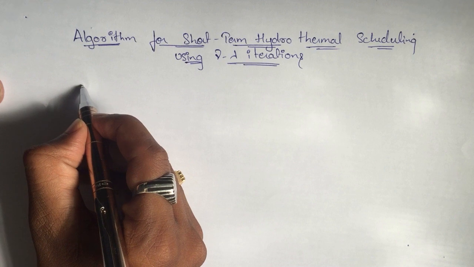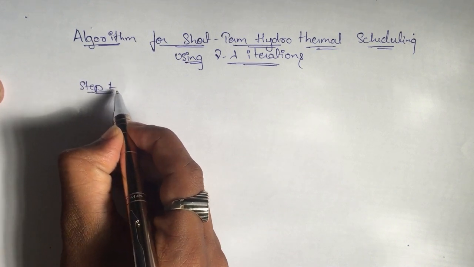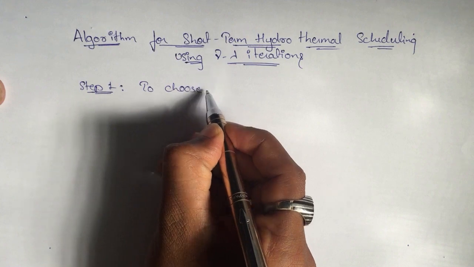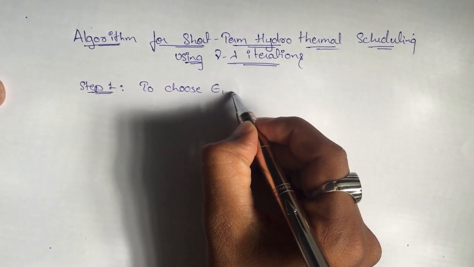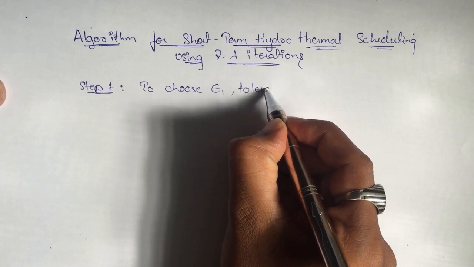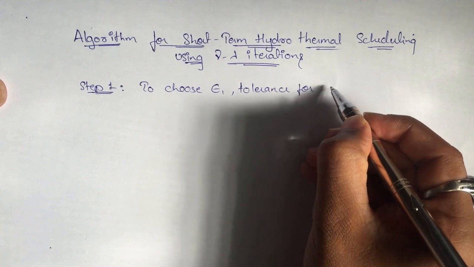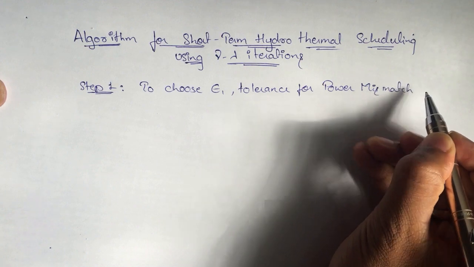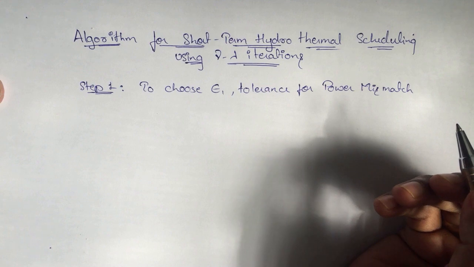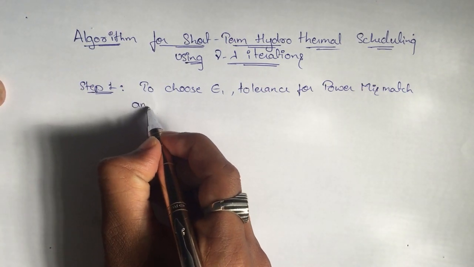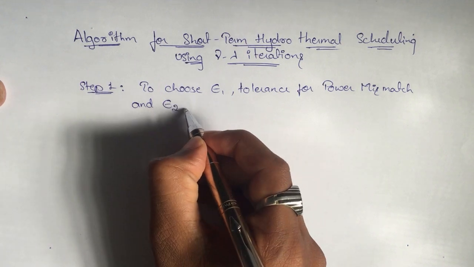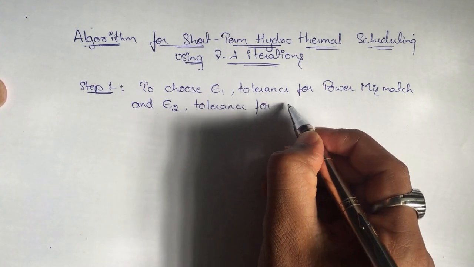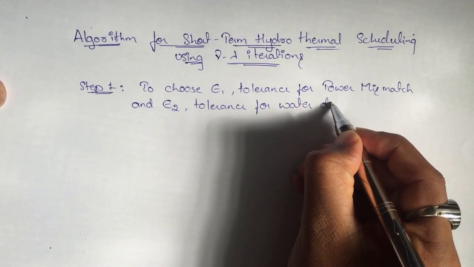In this algorithm, our first step, step 1, is to choose epsilon 1, which is nothing but the tolerance for power mismatch with respect to thermal power generation, and epsilon 2, which is the tolerance for water discharge.